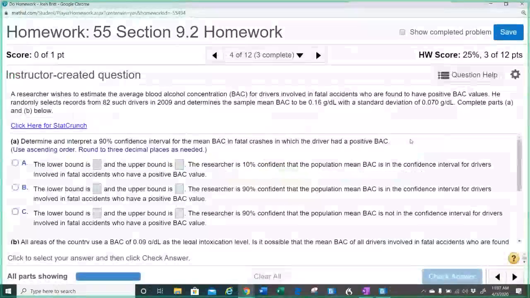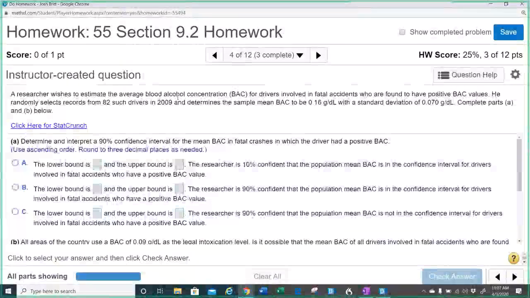All right, so now we'll do a researcher wishes to estimate the average BAC, which is blood alcohol concentration, for drivers involved in fatal accidents who are found to have positive BAC. That just means that they were positively drinking and they had a fatal accident.